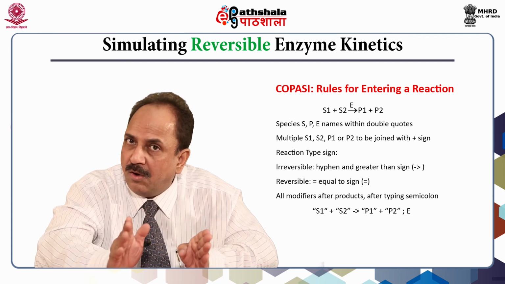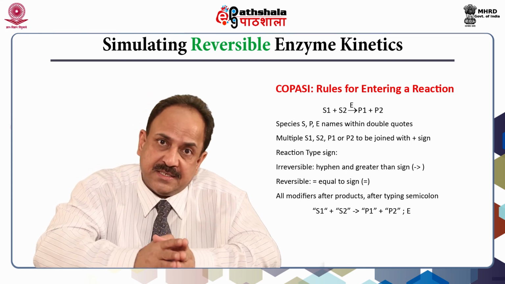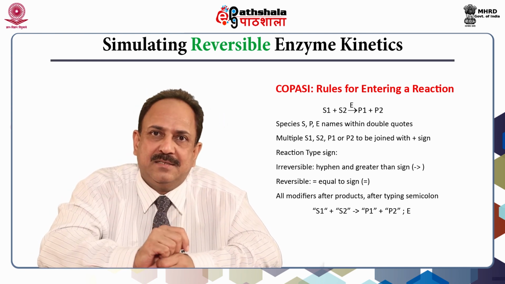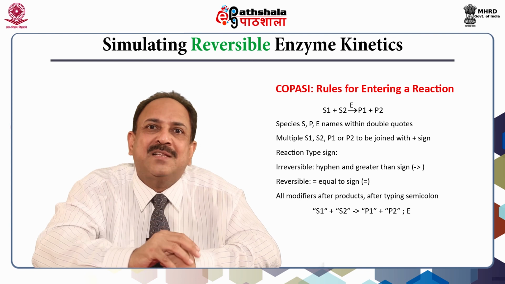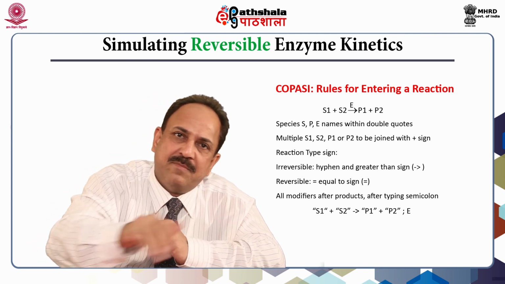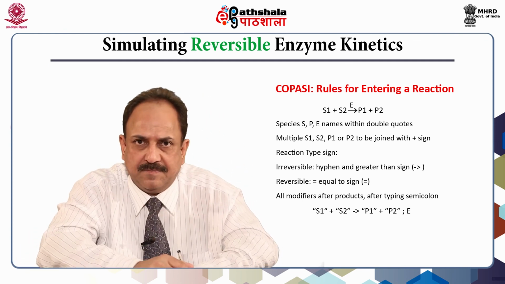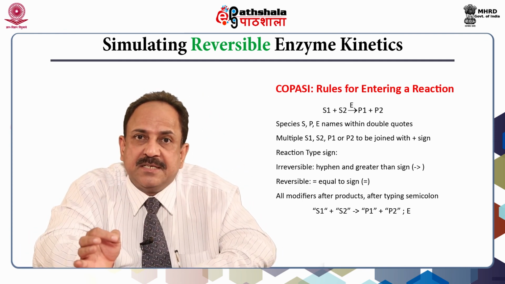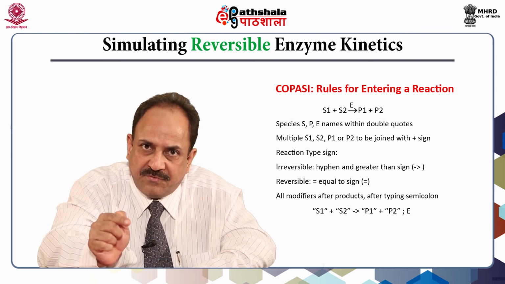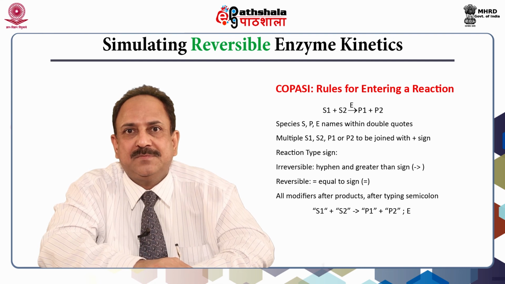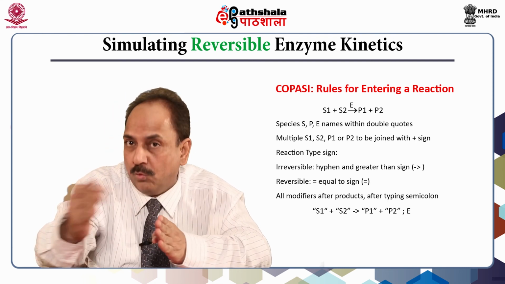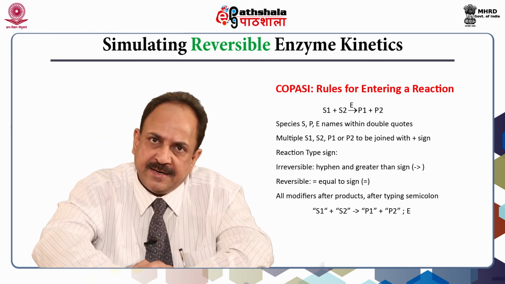Once all the substrates have been joined together using the plus sign, then you will enter the sign for the type of the reaction, whether the reaction is reversible, forward and backward, or it is an irreversible reaction. The irreversible reaction is entered by typing a hyphen followed by a greater than sign together without any space in between these two characters, but with a space before the hyphen and a space after the greater than sign.